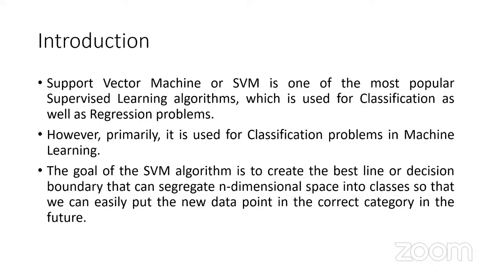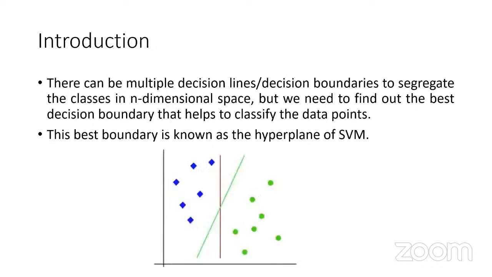The goal of the SVM algorithm is to fit a decision boundary on the data points and classify them into a particular class, so that whenever a new data point comes, it can be put into the correct category. For fitting the best decision line, SVM is required.